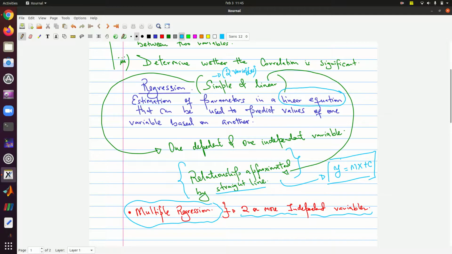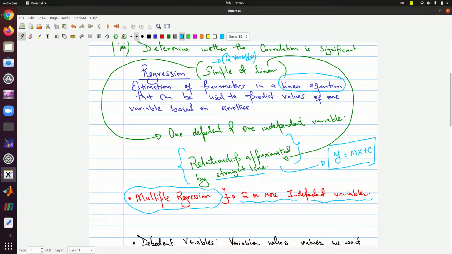I mentioned something to do with depending, that one variable depends on the other. So when we have two variables, or even more than two, there will be one variable which will be dependent. We usually denote this by y.